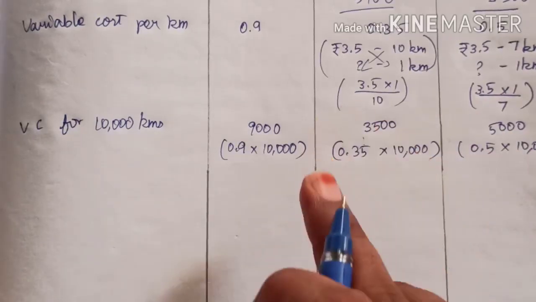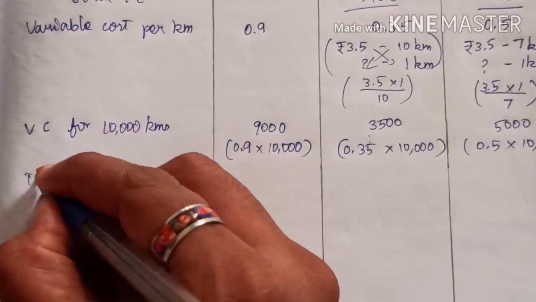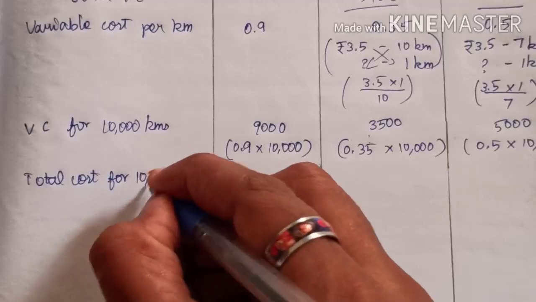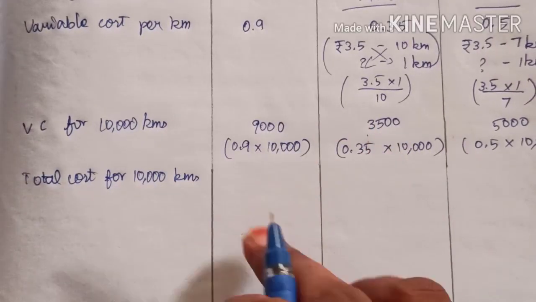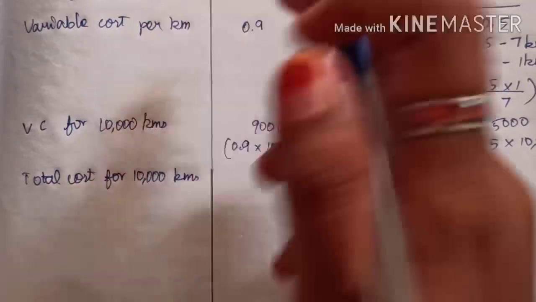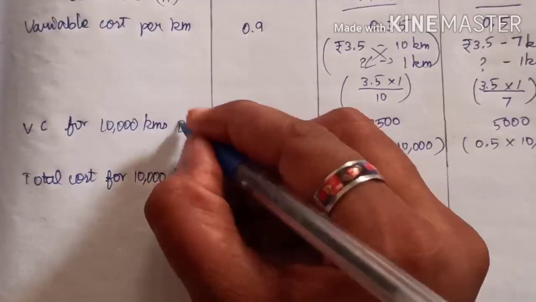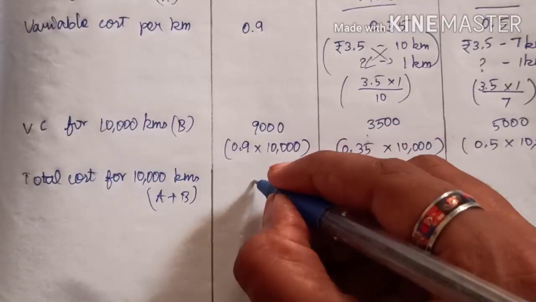And then we have to find the total cost for 10,000 kilometers. That is, we have to add variable cost and total fixed cost. See, it is A and it is B. A plus B is 9,000.